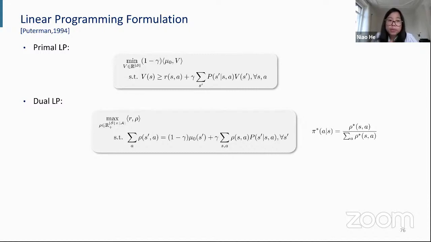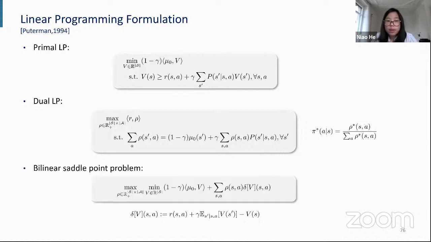For large-scale problems, of course, you cannot directly solve this primal problem or the dual problem, right? So by Lagrangian duality, we can also write down the saddle point formulation of the primal or dual problems. All of these three problems are essentially equivalent.